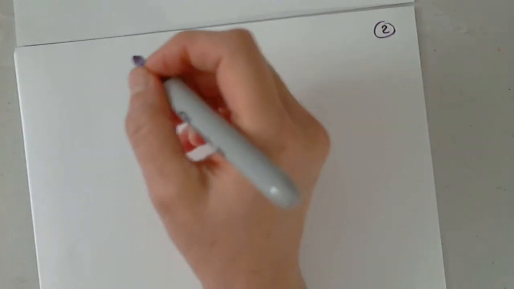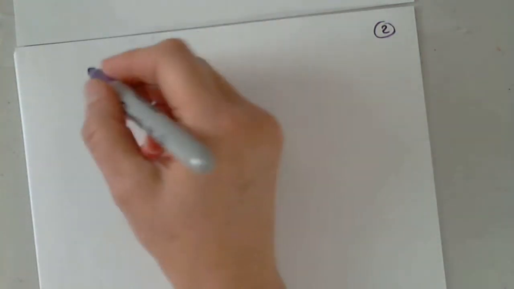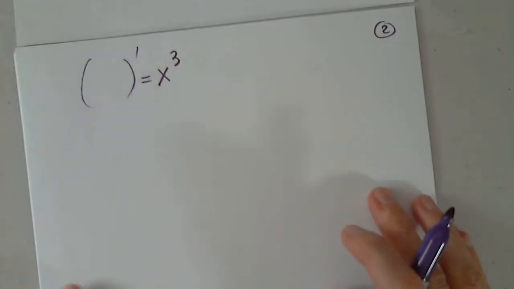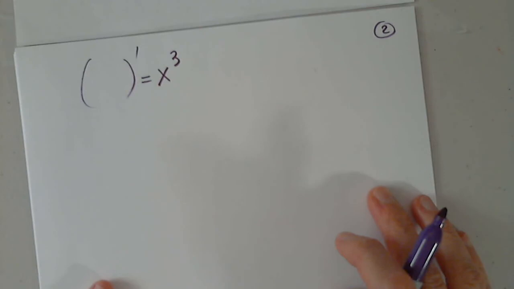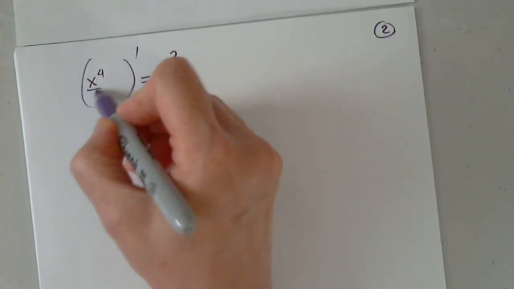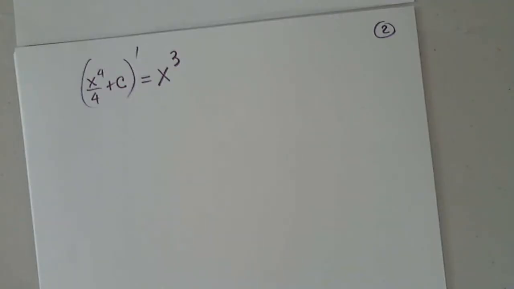Okay, so let's suppose I would like to determine a function whose derivative is x to the third. Well, the answer is x to the fourth over 4 plus a constant c. How come?